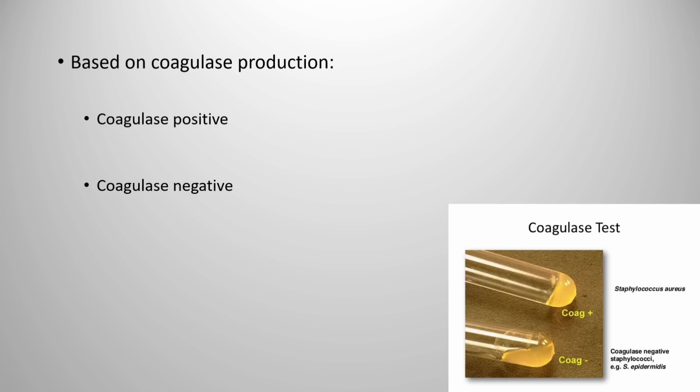Now, classification based on coagulase production. Coagulase is a protein enzyme produced by several microorganisms that enables the conversion of fibrinogen into fibrin. The coagulase test is a biochemical test used in the laboratory to distinguish between different species of Staphylococcus.